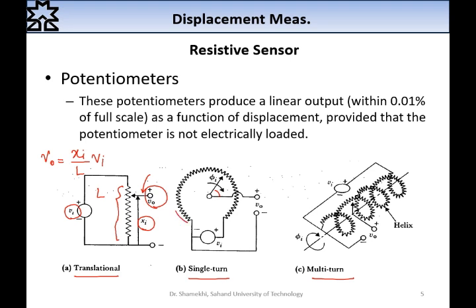If the total angle of this potentiometer is 217 degrees, the ratio of phi over the total angle multiplied by Vi will generate a voltage Vout here. And now, based on the output voltage, you can measure the angle here.